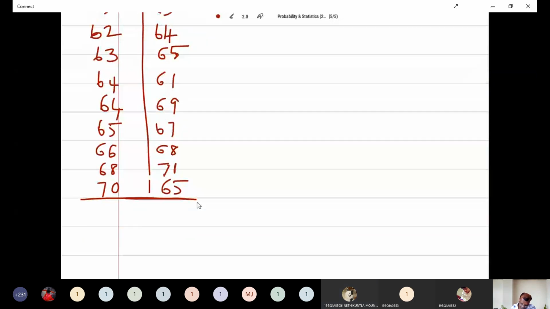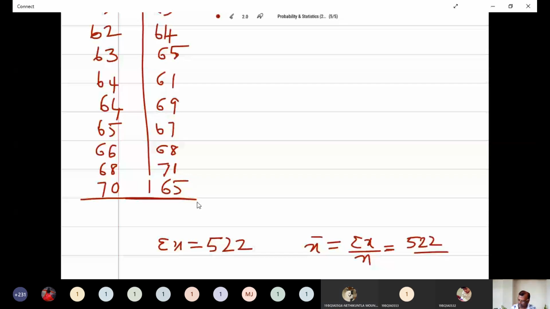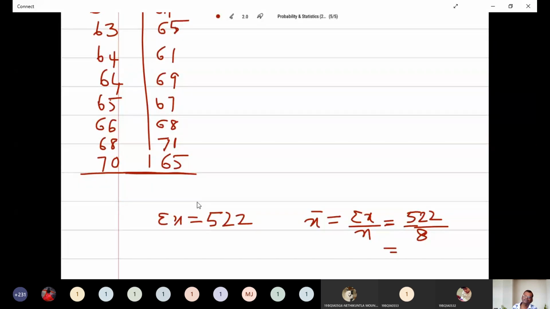Summation x is equal to 522. x bar is equal to summation x by n, 522 by n, which is 8. What is its value? 65.25.